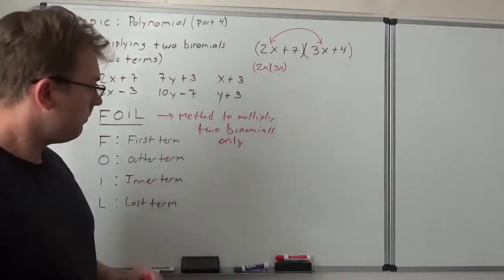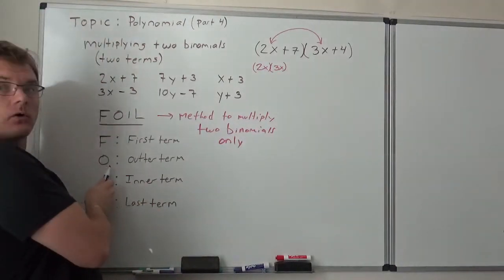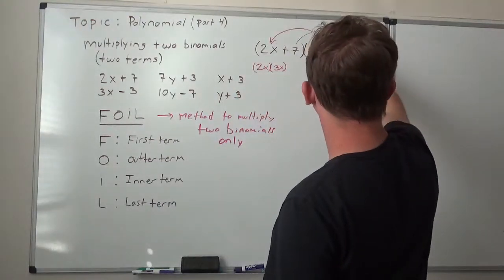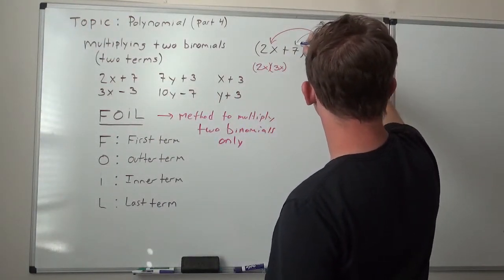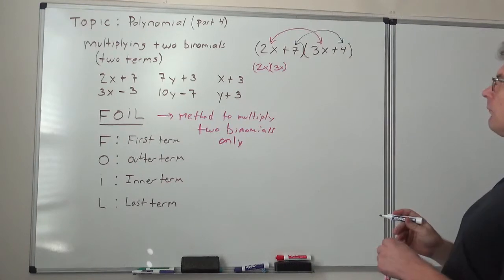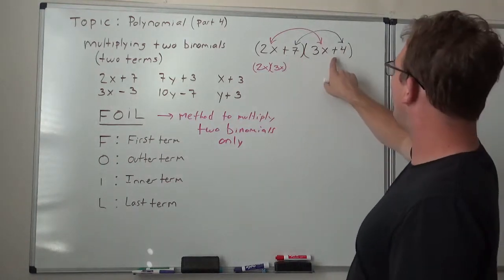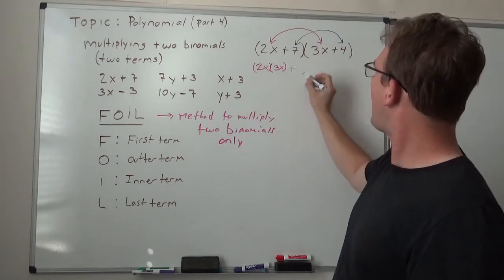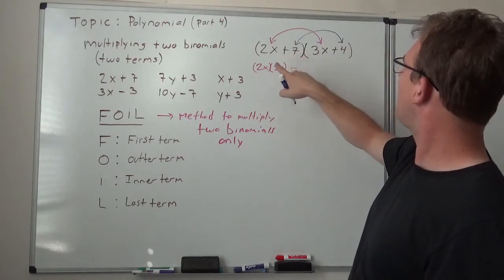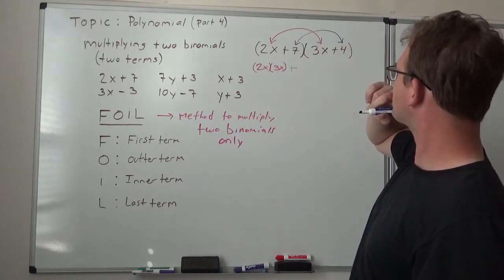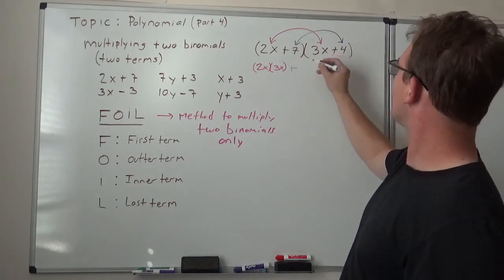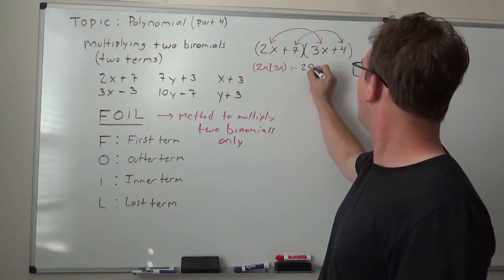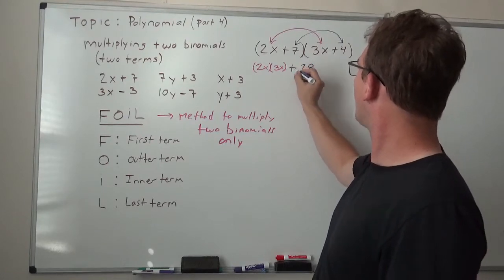Now, let's take the outer term. What's the outer term? Since we're all adding, you're going to do 7 times 4. Can I just put 28? Okay.